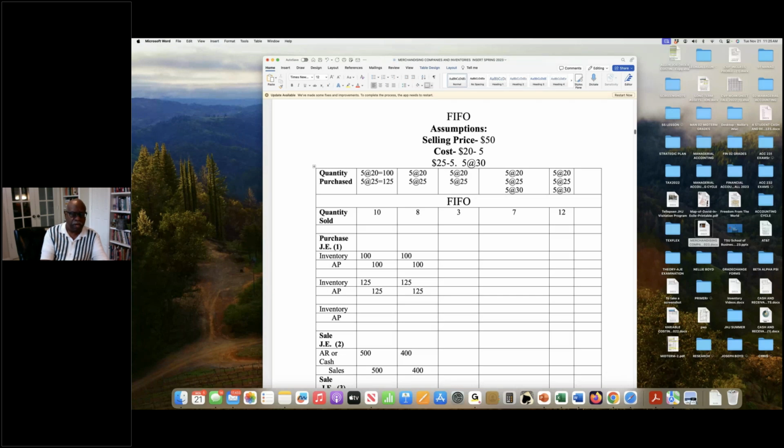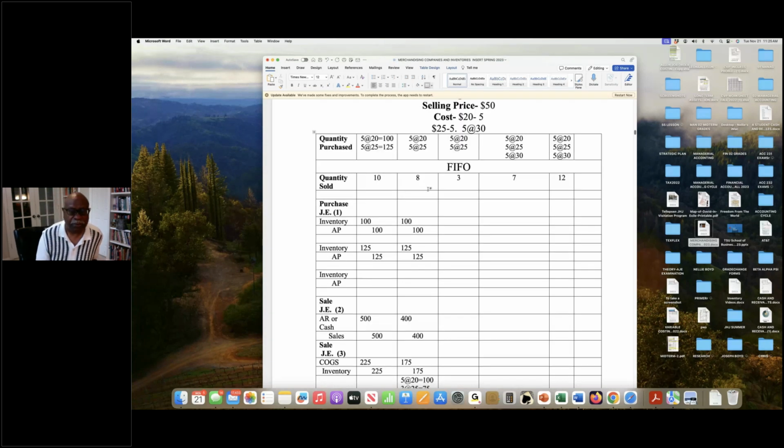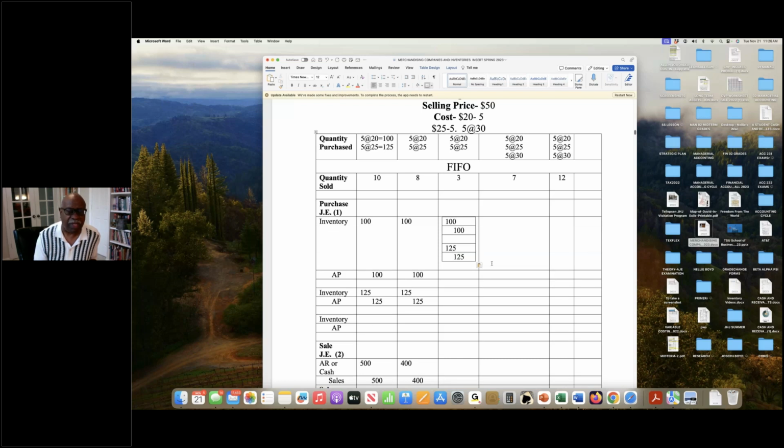Now let's look at a situation where we sell 3. Once again, these transactions stay the same.